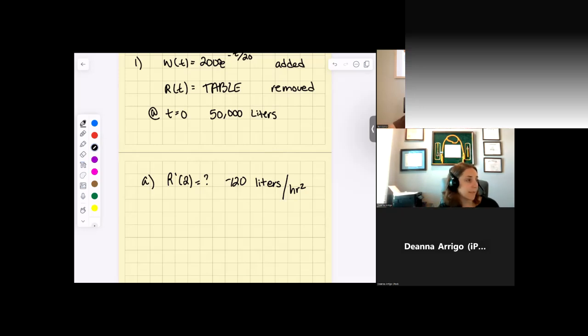Okay, part B, use the left Riemann sum with the 4 intervals indicated by the table to estimate the total amount of water removed from the tank during the 8 hours. Is this an overestimate or underestimate of the total amount of water removed? Give a reason for your answer. Okay.